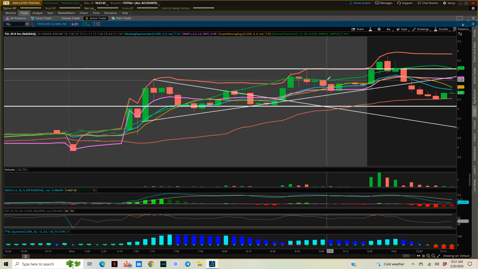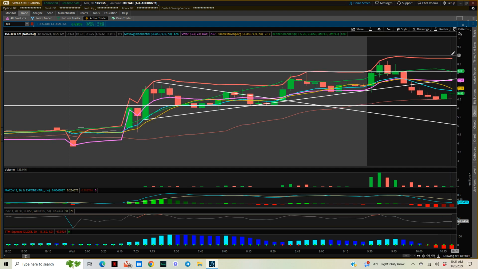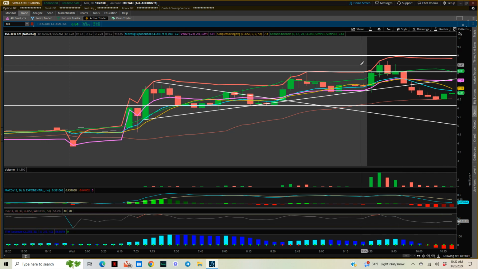So next thing I did was some math to figure out where I would put my stop and where I wanted to get in. So I will show you where I thought the stock was going. I had the stock going to $9. It didn't reach that, but it was pretty close, like 30-something cents away.